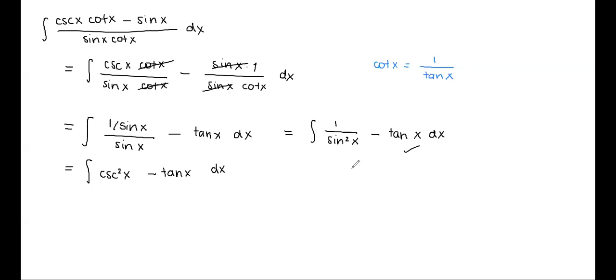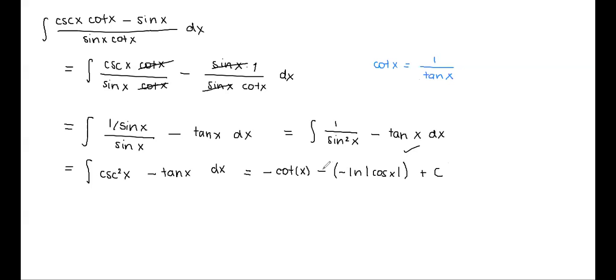There you go. So now we can actually integrate this because this happens to be one of the functions for which we know the antiderivative. Same thing for tangent. The antiderivative of cosecant squared is minus cotangent of x. And then I have minus the antiderivative of tangent of x, which is minus ln of absolute value of cosine of x, plus c.